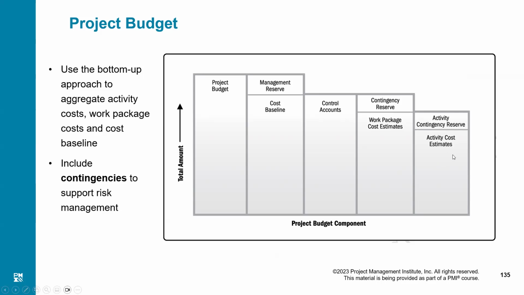But there is an element of risk in every activity. Some activities carry little risk, some activities high risk. So based on the element of risk in each activity, we may keep an activity contingency reserve alongside every activity.